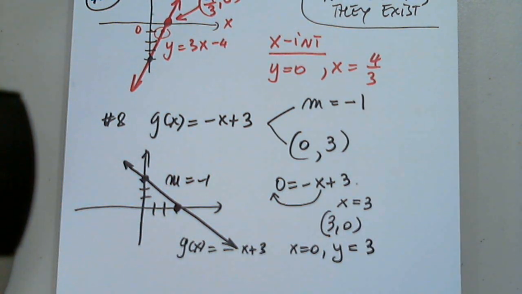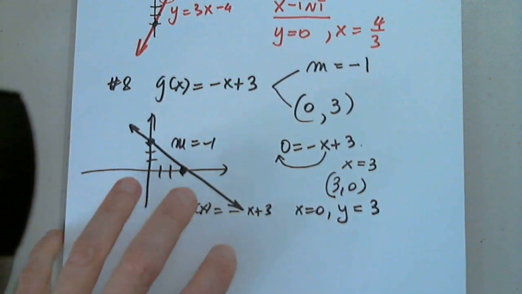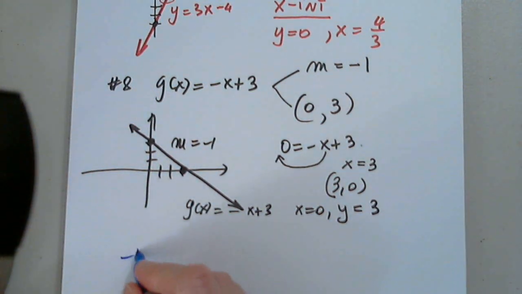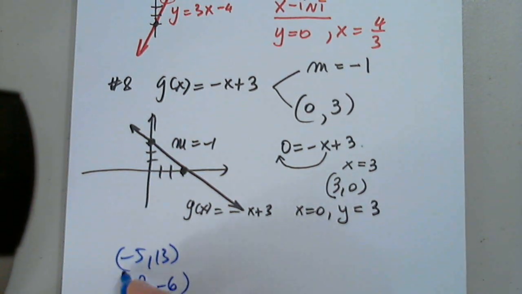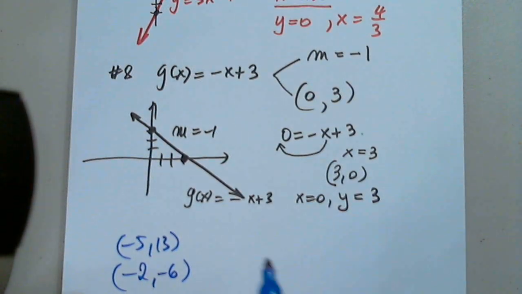Okay, so now we want to determine the equation of a line, and we are given 36. The points are negative 5 comma 13, and the other point is negative 2, negative 6. What do we need to find first?